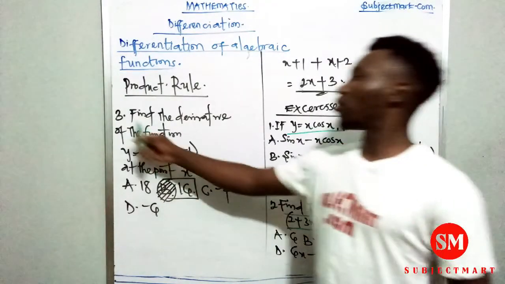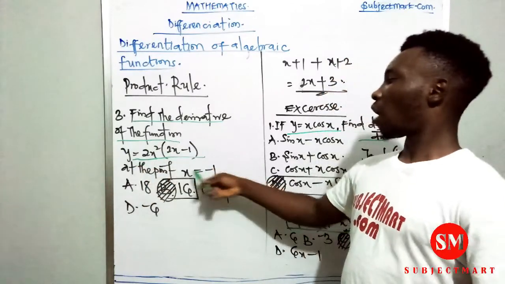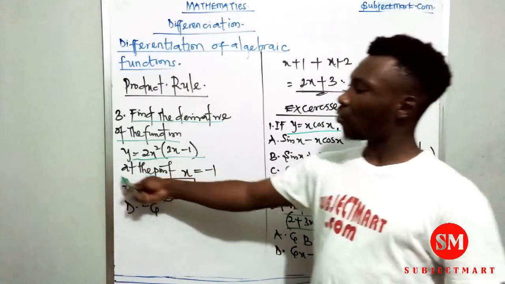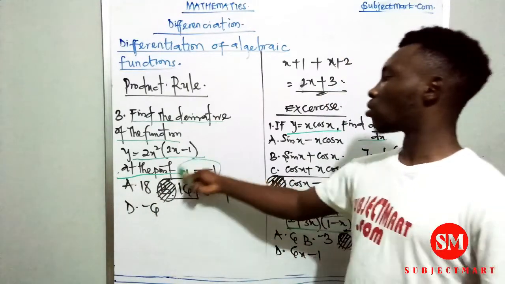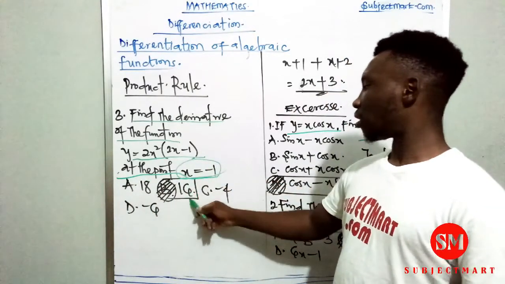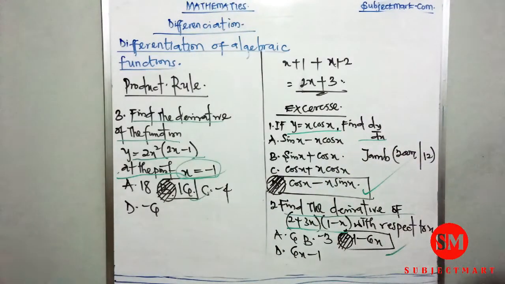And this one says find the derivative of the function. This is the function here, and we have our options. They say the point x here is equal to 1. This is very important. And this is our answer. So please try as much as you can to attempt the questions to be able to know what your progress is like.